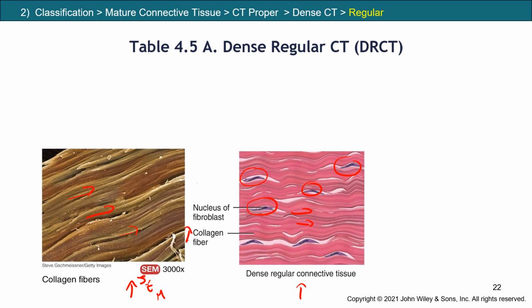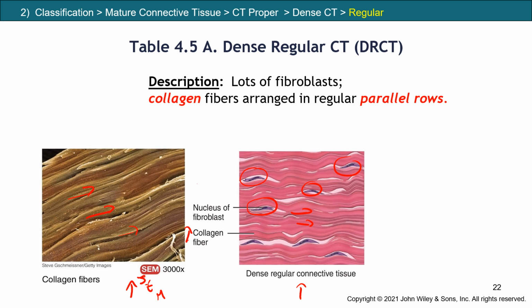And we will talk about what all those aponeuroses are in a future lecture. Okay, so to summarize, I told you that the dense regular connective tissue has lots of fibroblasts.